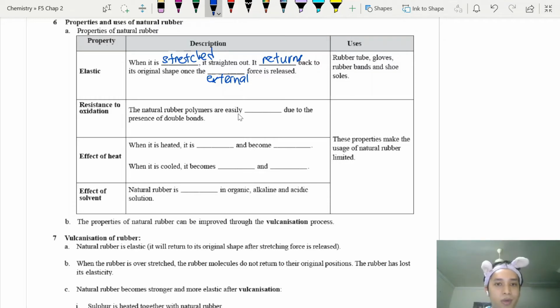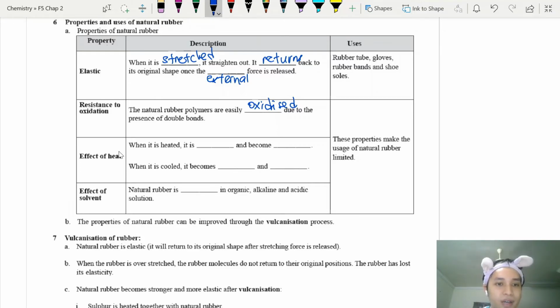Natural rubber polymers are easily oxidized, because they have double bonds. If you have double bonds, you are easily oxidized. This is actually not a good property, because if you leave it in open air and open conditions, after some time your rubber will start to change in its physical appearance, and maybe it won't be as elastic anymore.